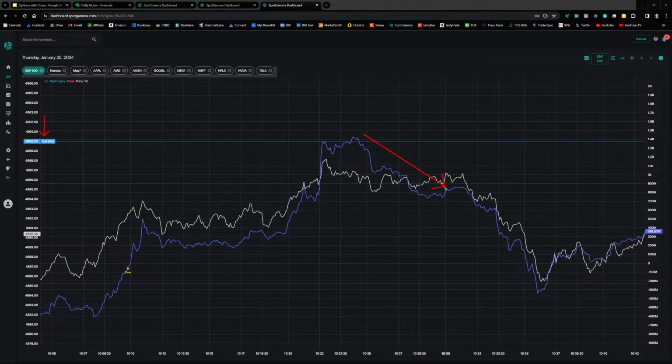Hero shifts lower and setting up a good short just after 10:30, kind of a leading indicator there.